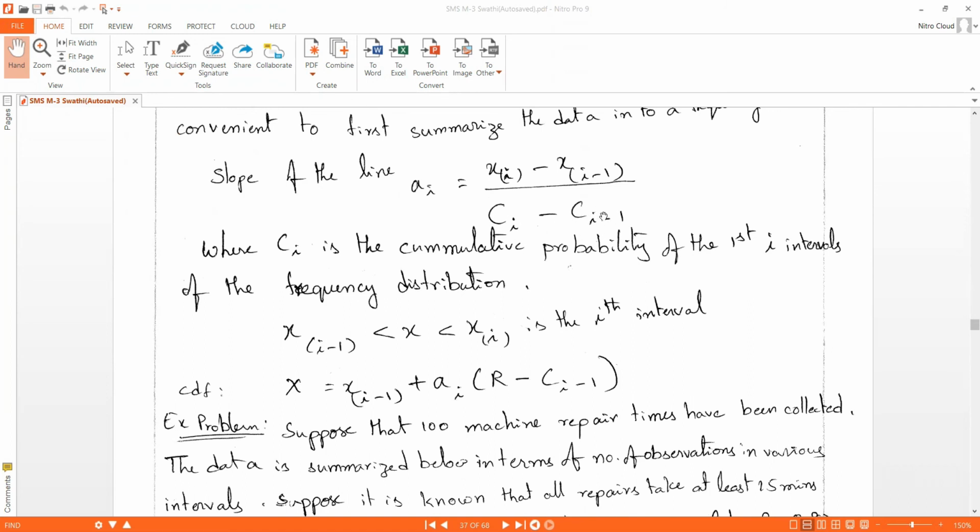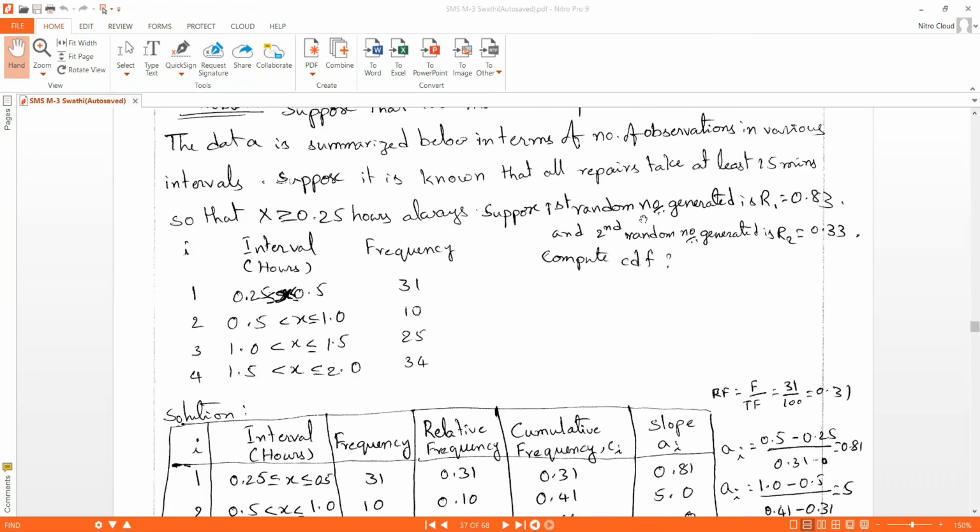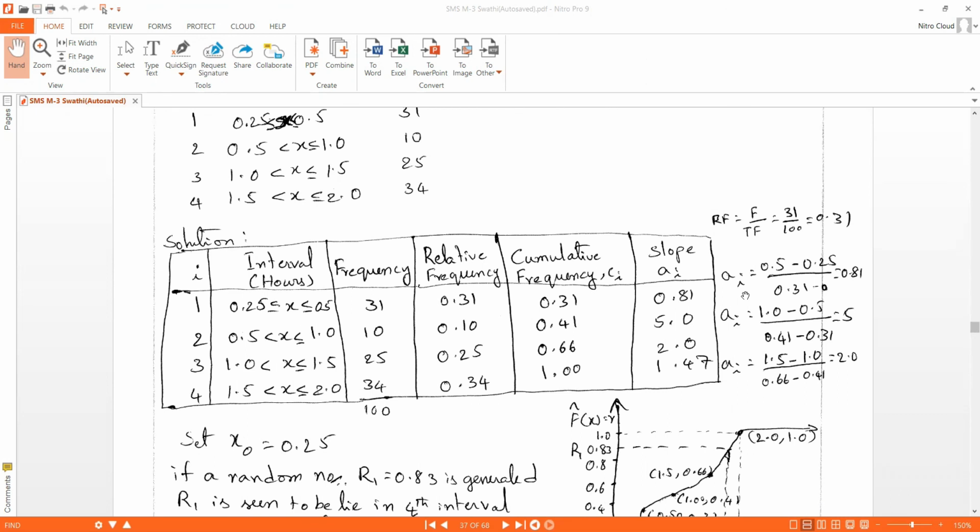For the interval i equal to 1, the x i value is 0.5 minus x i minus 1, which is 0.25, divided by the cumulative frequency 0.31 minus the previous cumulative frequency. The previous cumulative frequency was 0 because this itself is the first cumulative frequency, so we write c i minus 1 as 0. So we will get a1 equal to 0.81.